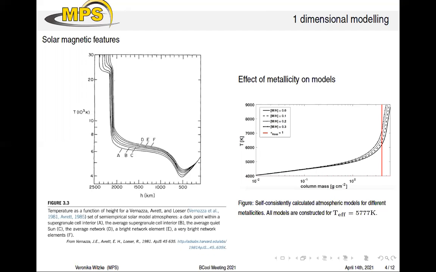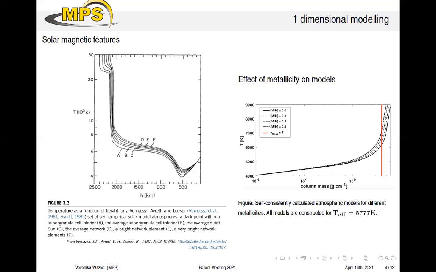If we want to go to different fundamental parameters but we only have semi-empirical models, we have to make a couple of assumptions to extend these models. The assumption we made was that the temperature difference that is applied to model magnetic features, faculae, remains the same.